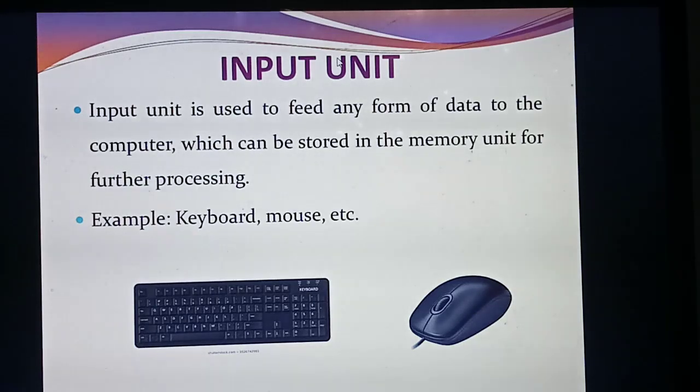Then after the diagram, you should explain each heading in detail, and each heading needs a minimum of 3 or 4 points. This keyboard and mouse diagram is not important. If it is possible, draw it, otherwise leave it. These pictures are not important.